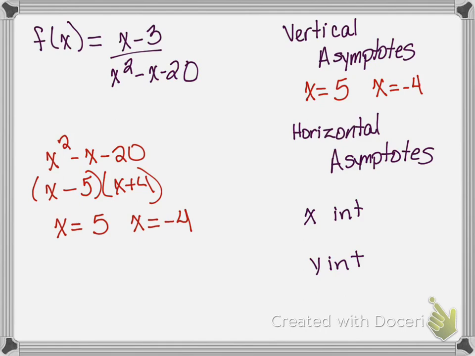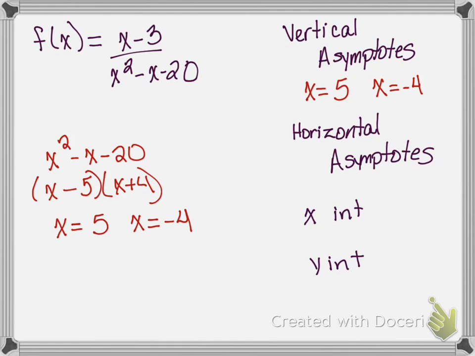What is the degree of my numerator right here? What is my x raised to? 1. What is the degree of my denominator? 2. When the degree of my numerator is less than the degree of my denominator, what is my horizontal asymptote?